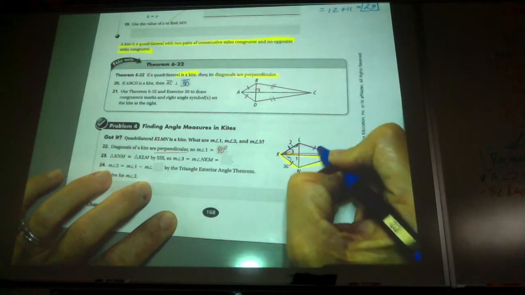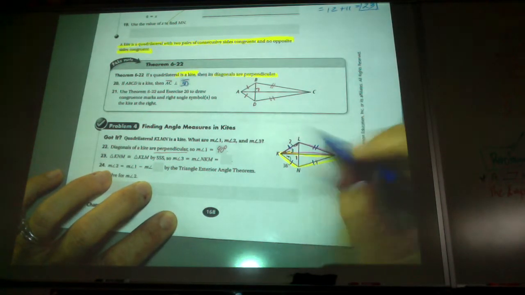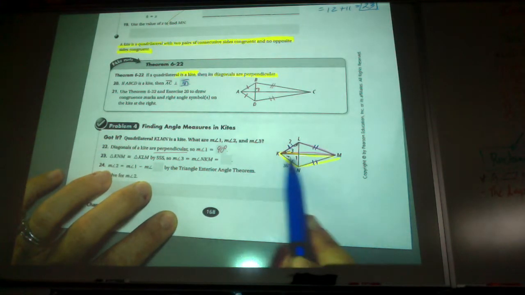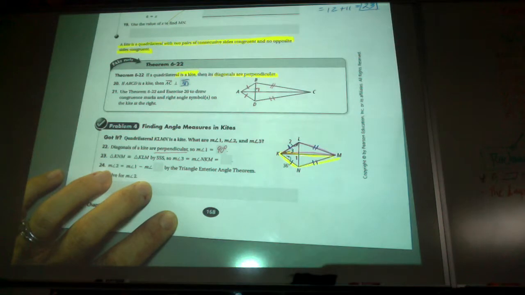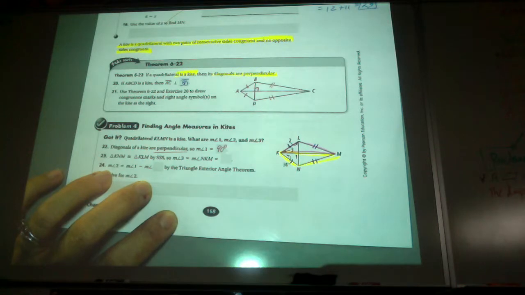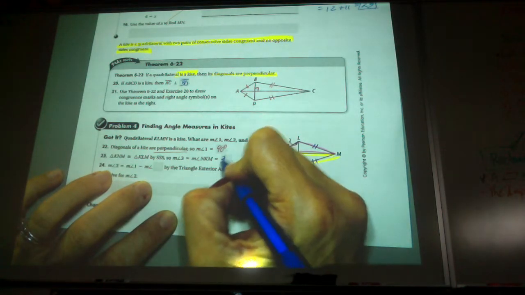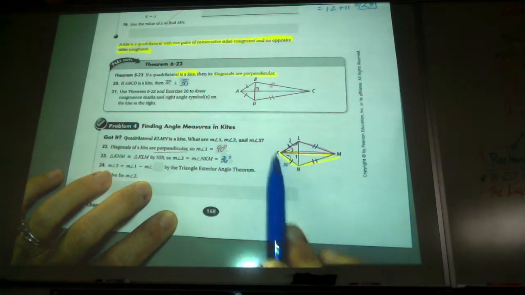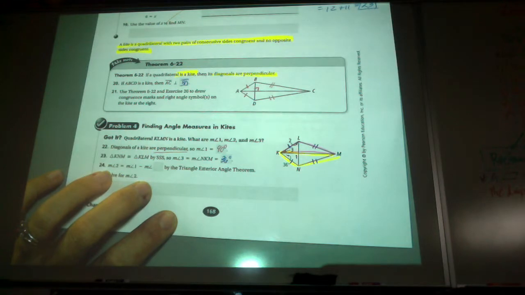I can double tick mark this side and double tick mark that side because those are equal per the definition of a kite. And then they share this side KM, so that would be triple tick marked. And so by SSS, those triangles are congruent. So the measure of angle 3, if this one's 36, what's the measure of angle 3? Also 36 degrees. So doesn't this diagonal of the kite bisect that angle? Also like a rhombus, right?